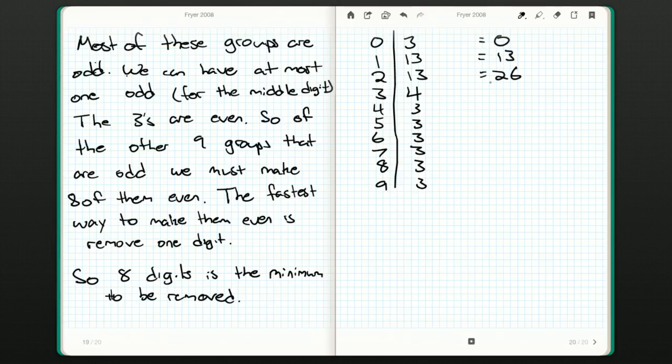And that'll tell us what sort of difference we need to make. Well, we have 0 3s, and so in total they contribute 0 to the total sum. We have 13 1s. That'll give us a total of 13 being added. We have 13 2s. That'll give us a total of 26 being added.